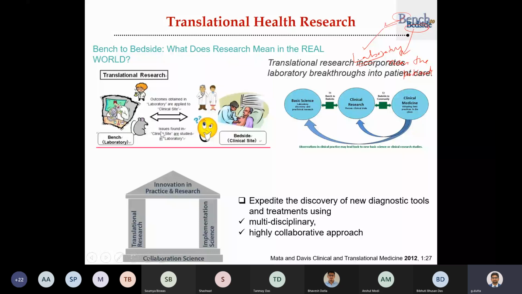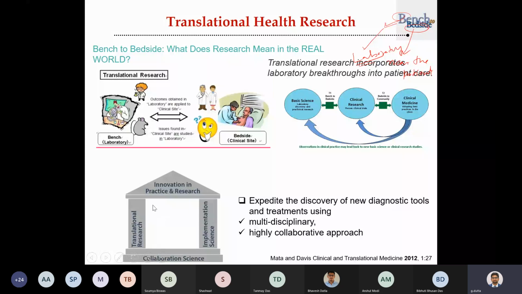As I said, our course is also very interdisciplinary and multidisciplinary, because we are highly dependent on our healthcare system and on basic scientists like biologists, chemists, then mechanical, chemical and electrical engineers; everyone can help in this regard. So translational health research is a highly collaborative approach.